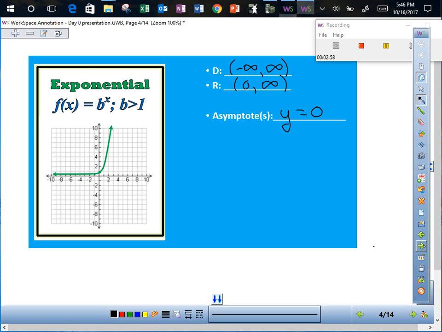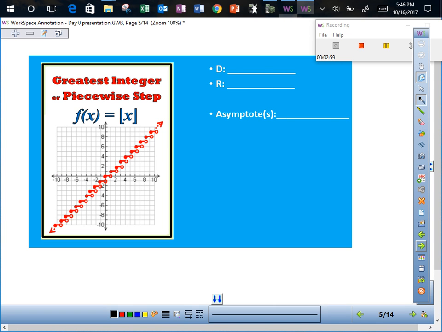Moving on down your note card. The piecewise function. It's a little different. Remember, it's just a step function. So your domain is still -infinity to infinity because you can plug in any x value that you would like and you can round it down to the nearest integer.